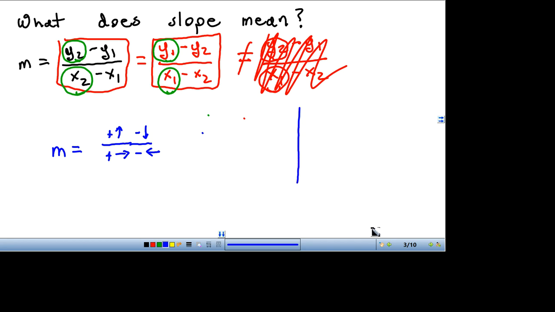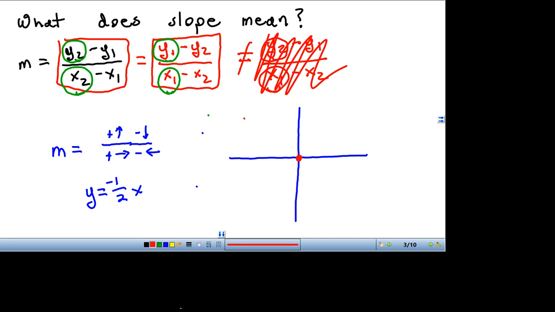So for instance, if I have the equation y equals negative 1/2 x. Well, I have my y-intercept is 0.